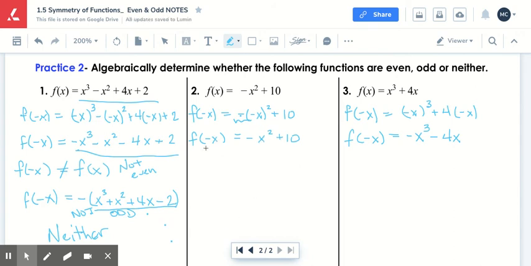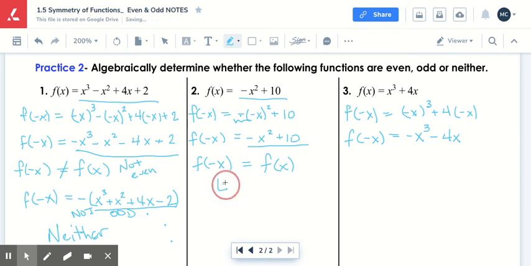Okay, for the second one, I'm going to again analyze. I'm starting with what I ended up with when I put in negative x in place of the x's. And if this matches exactly with the original, so if f of negative x is exactly the same as f of x, then I could say that it has even symmetry. And in comparing those, I do see that they are exactly the same.